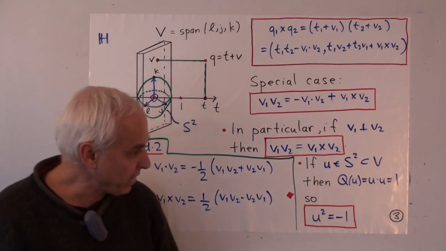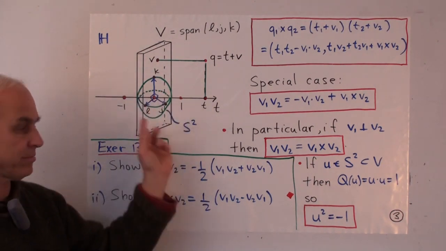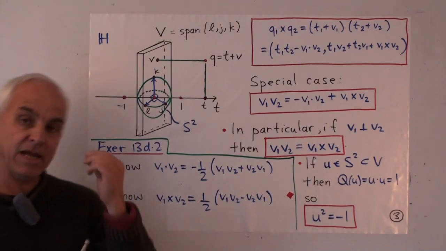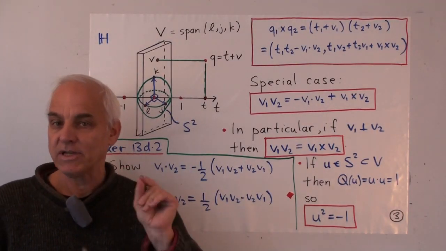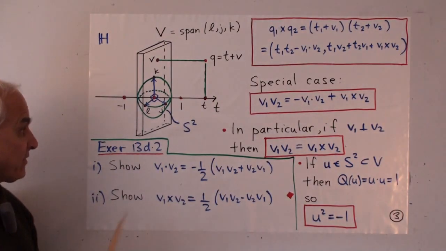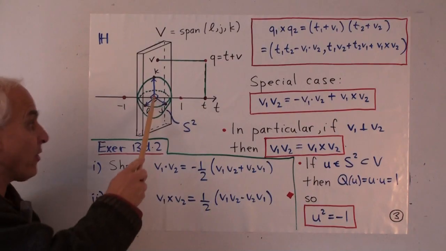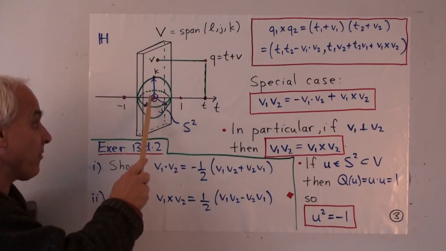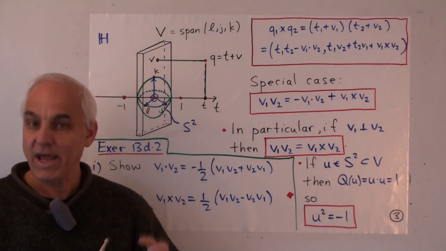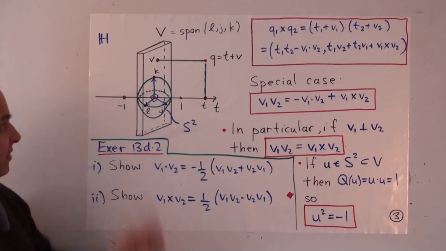So we get the important formula that when we take a pure unit vector anywhere in this V space, it will have the property that its square is minus 1. We already know that that's the case for the unit vectors i, j, and k. We know that i squared is minus 1 and j squared is minus 1 and k squared is minus 1. Now we learn that that property holds for any unit vector in this transversal plane.